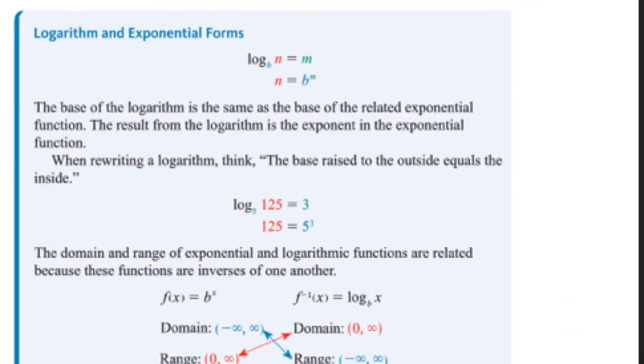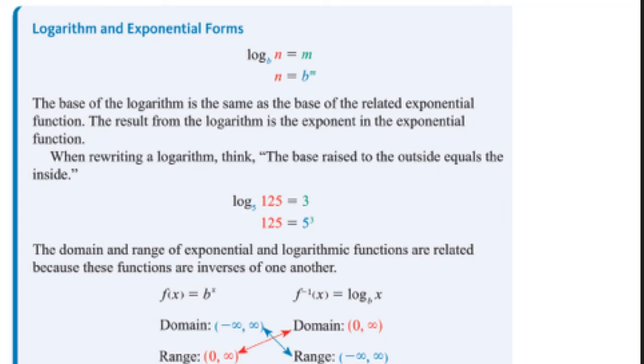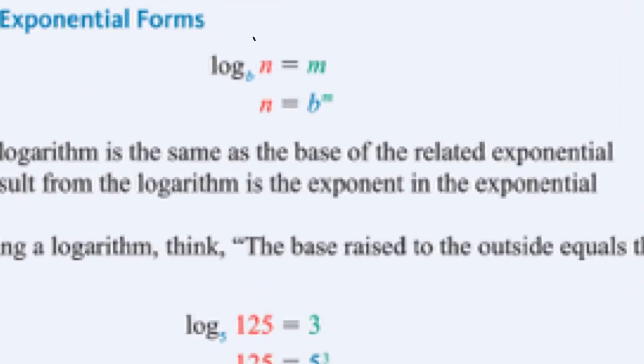Okay, so this whole section has been revolving around being able to write exponentials in log form, or to take something from log form and make it an exponential. I think that this is a very good graphic for you to be able to match up where things are moving by color.